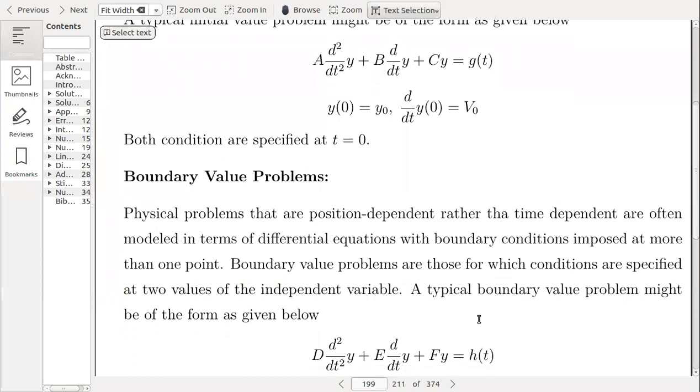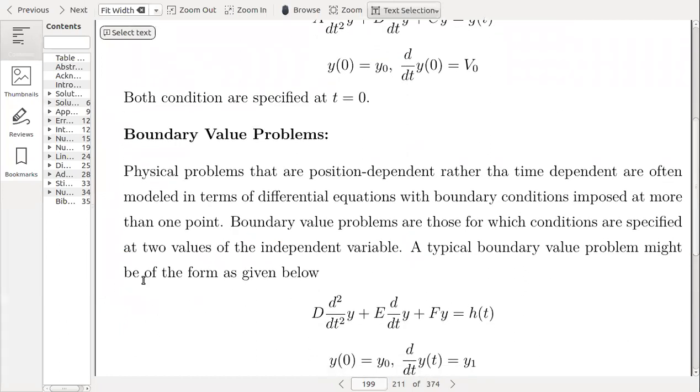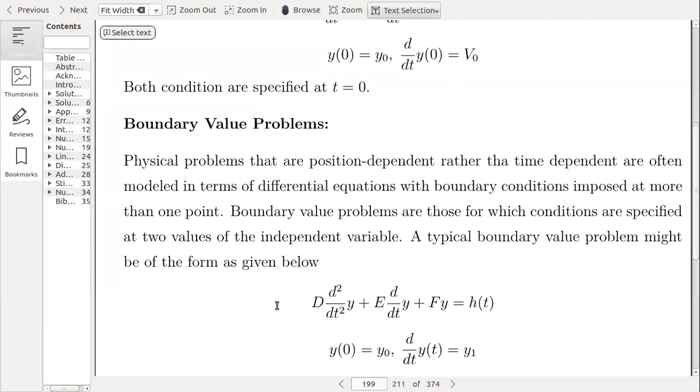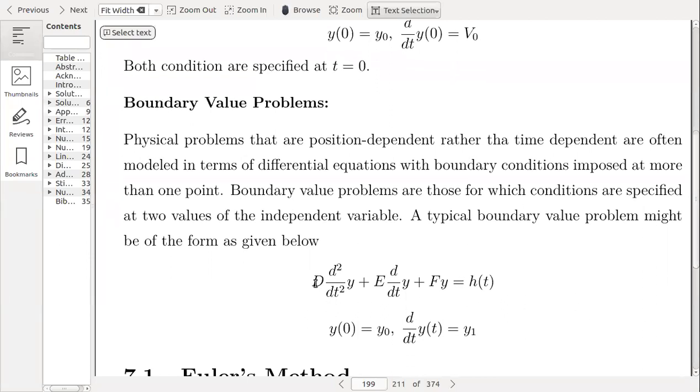A typical boundary value problem might be written in the form as given below. So d is the coefficient of the second order derivative of the dependent variable with respect to t, plus e is a coefficient of the first order derivative of the dependent variable with respect to t, plus f is a coefficient of the dependent variable y, equal to h as a function of t.